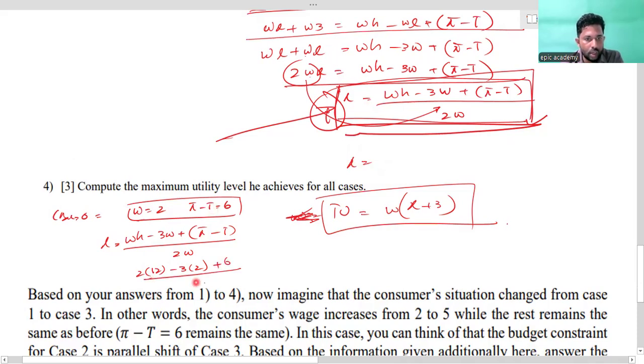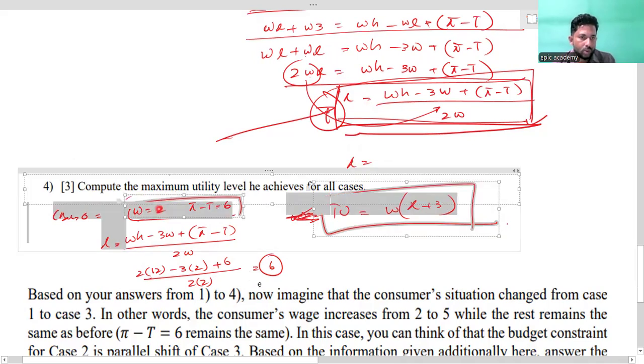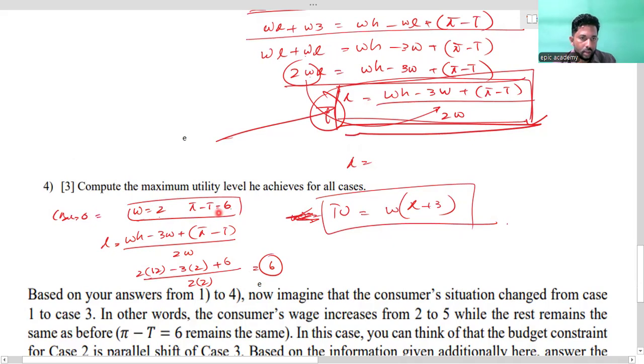So when the wage is 2 and non-wage income is 6, your leisure value becomes 6. That's the meaning of that. In that case, leisure becomes 6.